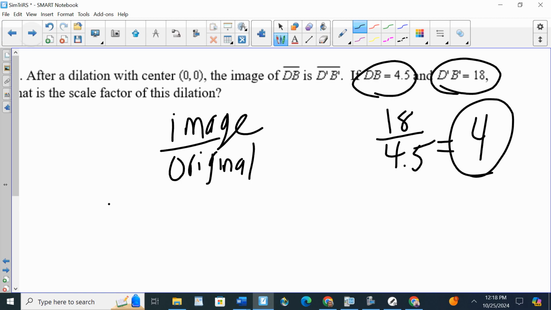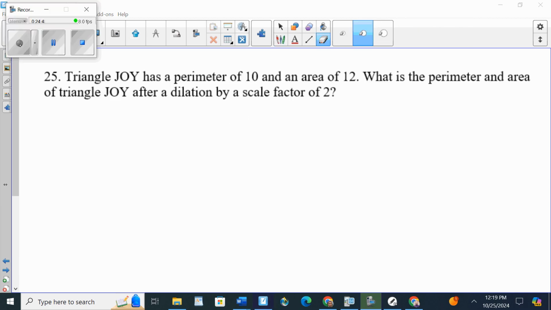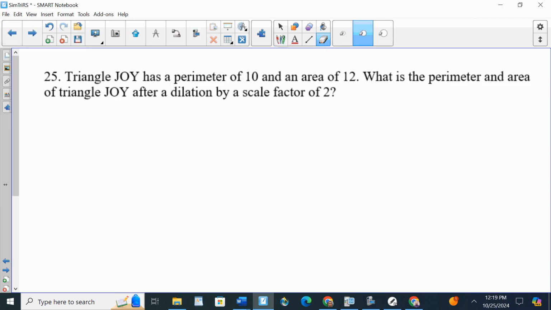What you need to know about perimeter and area with scale factor, you need to know that when you are doing perimeter, the scale factor is the same. But when you were doing area, you need to square the scale factor.